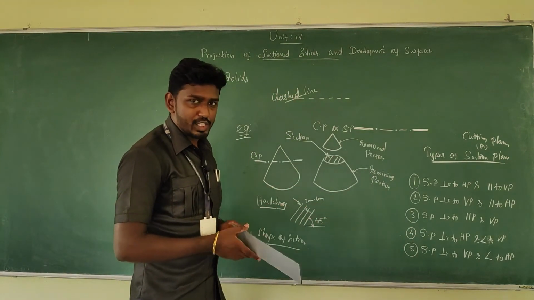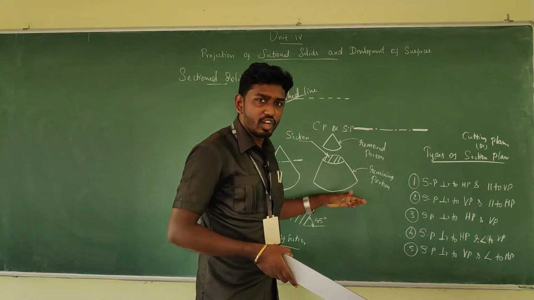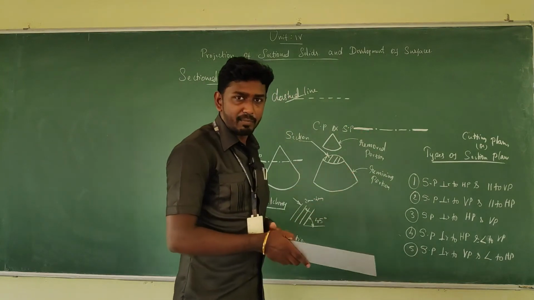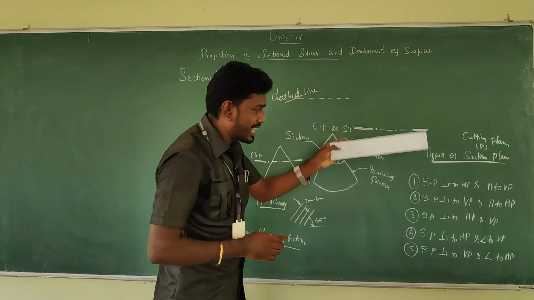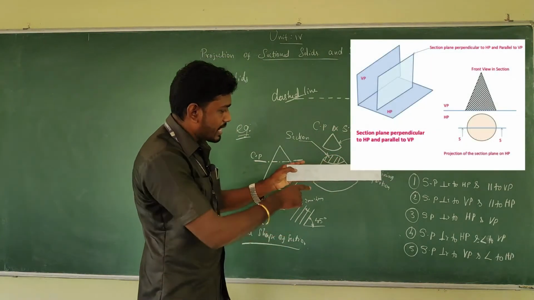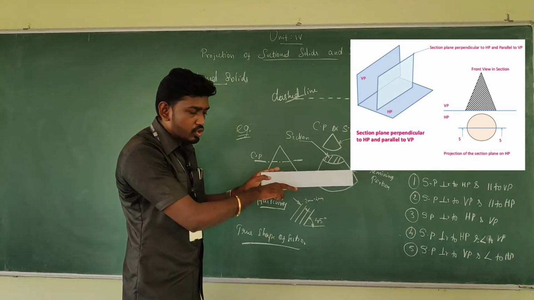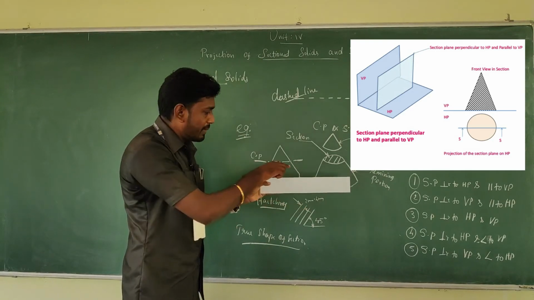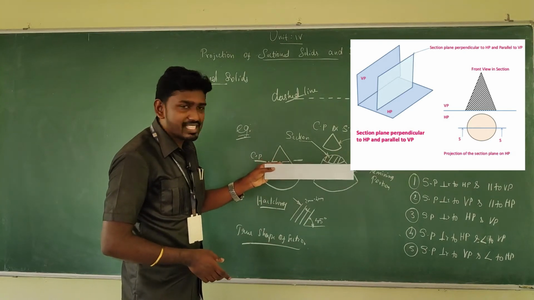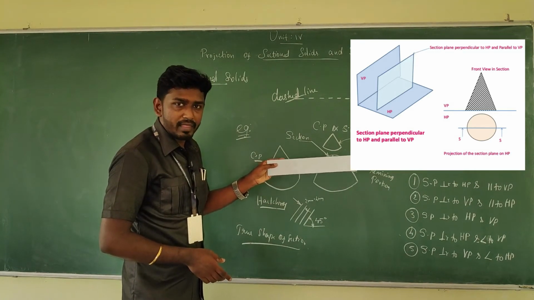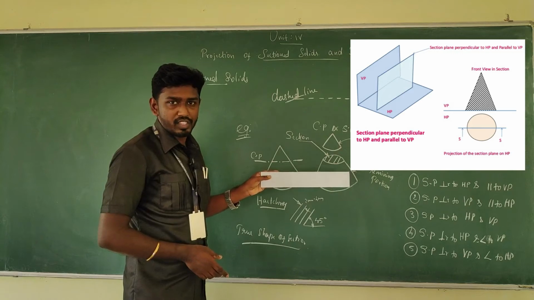If I take this ground as a horizontal plane and the board as a vertical plane, the position of this two-dimensional plane should be kept something like this. Now check, it is kept perpendicular to the horizontal plane and parallel to VP, the vertical plane. This is how the cutting plane should be placed in the first quadrant.